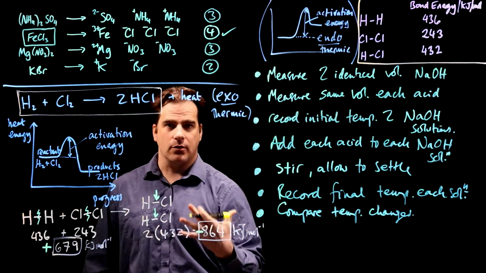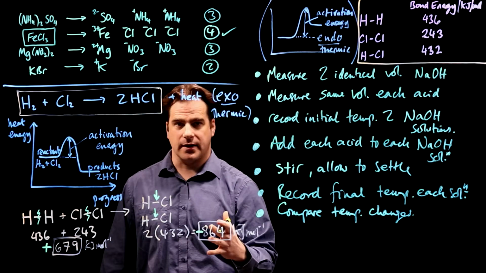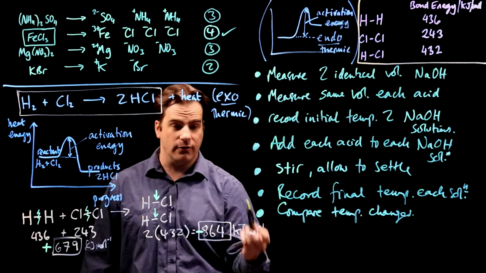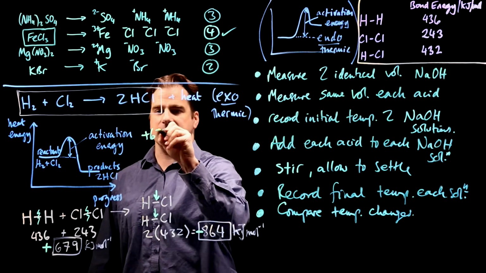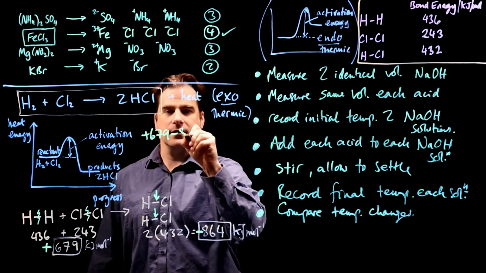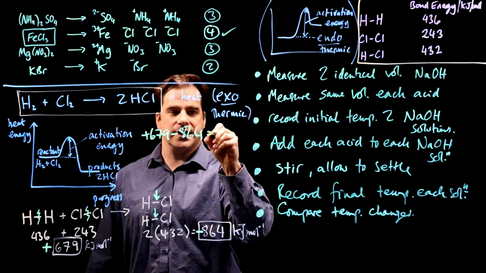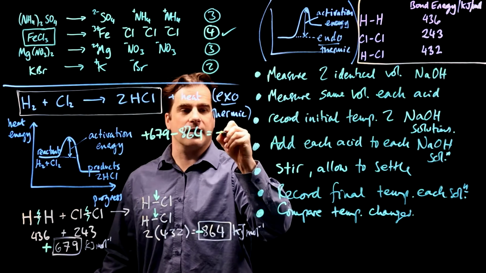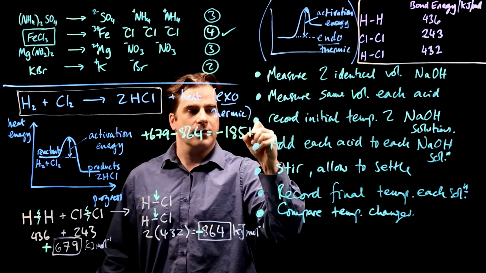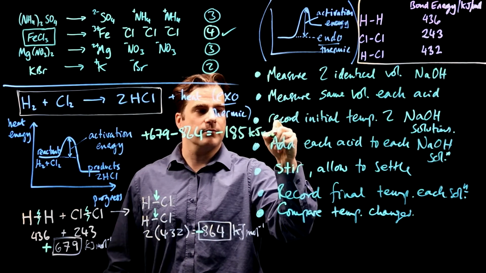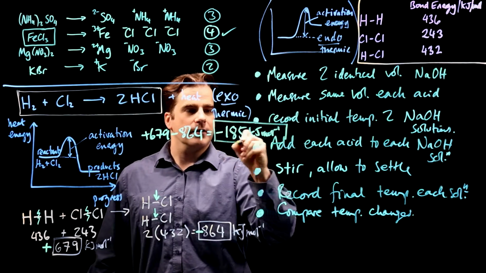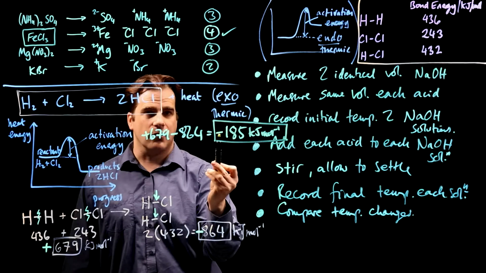So that's how you know which one's plus and which one's minus. So we do plus 679 minus 864. So overall, it's plus 679 minus 864, which equals, what did I say? So overall it's negative. It's minus 185 kilojoules per mole. Okay? You won't get full marks if you get that sign wrong.